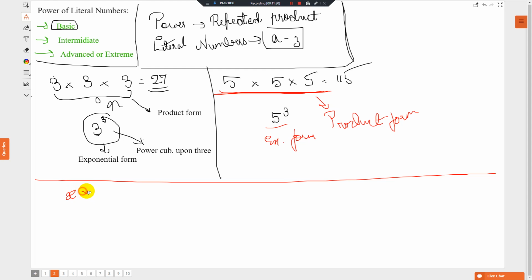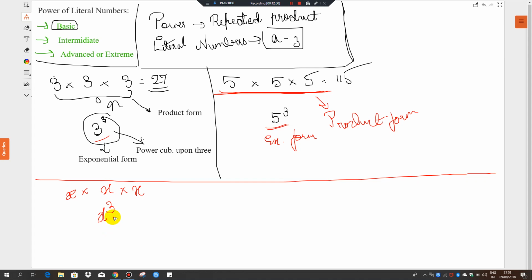If they have given x into x into x, what do we write? In place of 3 and 5, they have given x. How many times is x repeated? 1, 2, 3 times.